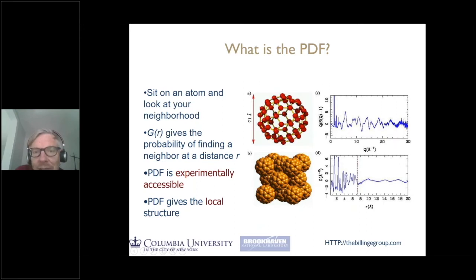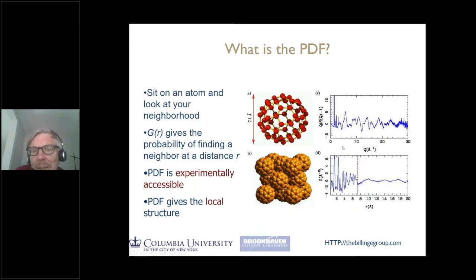In my view, it's almost like magic that I have a structure with well-defined interatomic distances on a ball that's only 7 angstroms in diameter, and I get these sharp peaks in the PDF which go up to 7, and then they don't go beyond that.